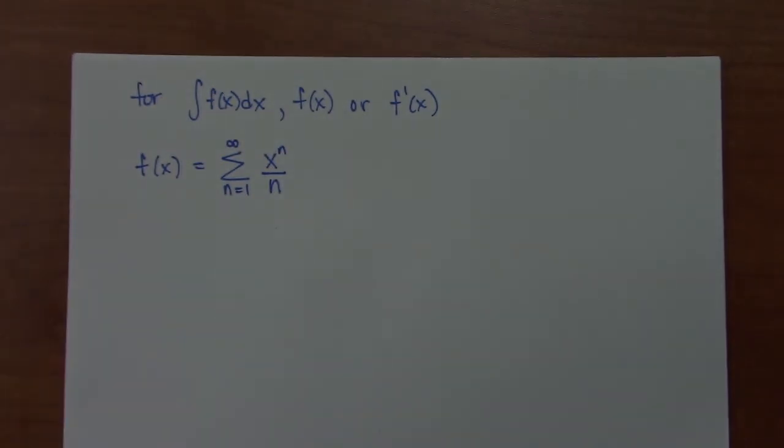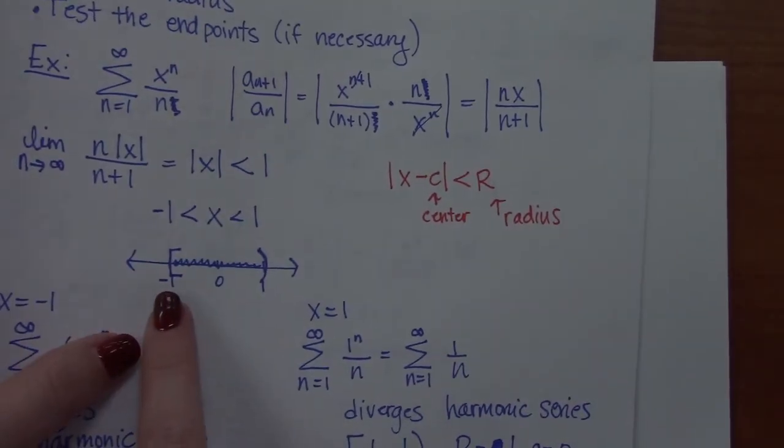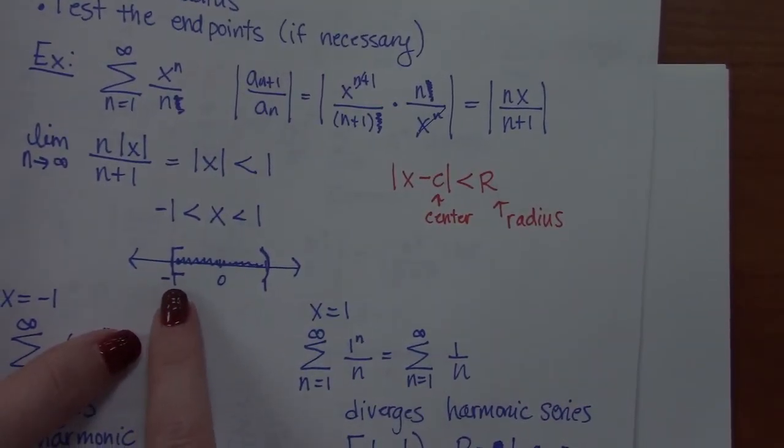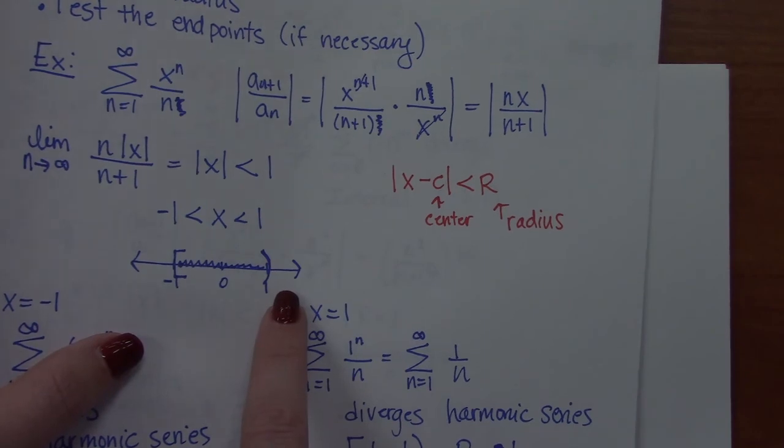So x to the n over n. We actually just did this function, and we saw earlier that it converges at -1, right, and all values up to but not including 1.